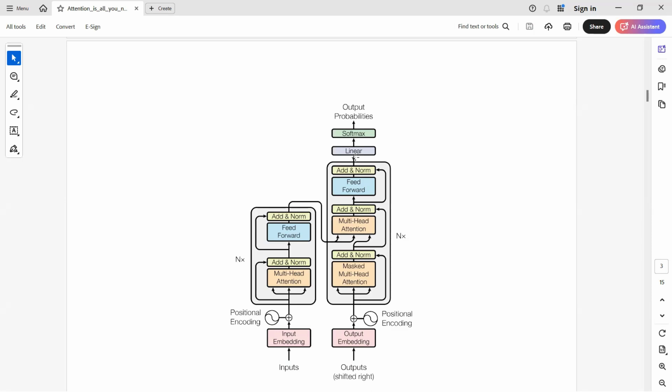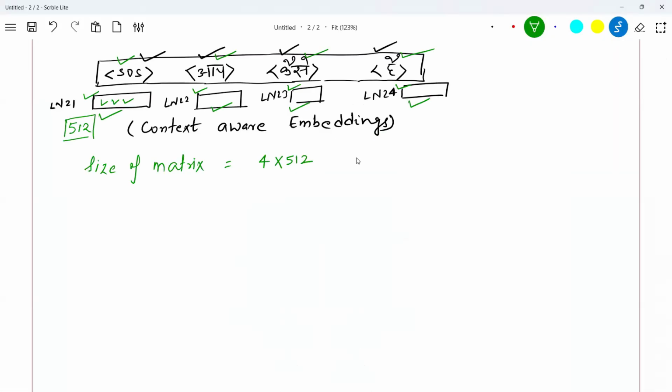Now let us assume your vocab size. Vocab size means the total number of words in your output vocabulary. So assume size of vocab is 10k, equal to 10,000. Just an example I am giving. At the moment I say 10,000 is the size of my vocabulary, that means all these embeddings can predict any of these 10,000 words.